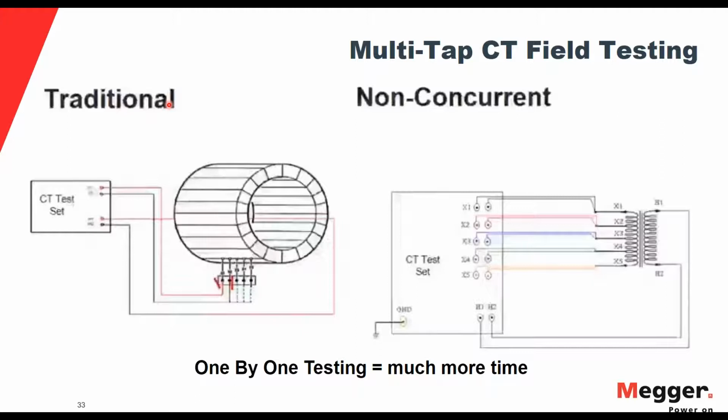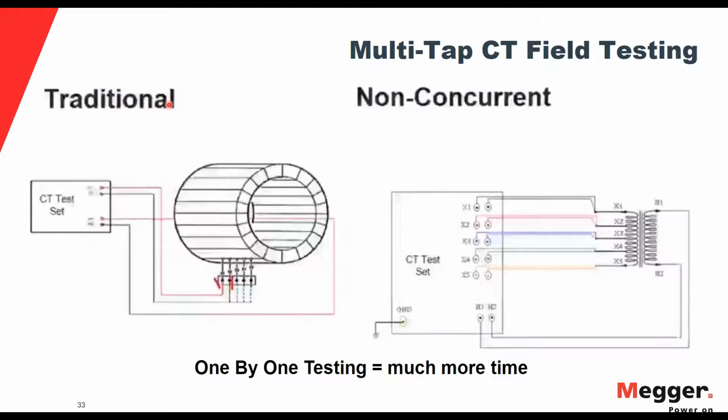To test a CT fully, you have to repeat the test multiple times, 5, 6, 7, 8 times, depending on how many taps you have. That's a tedious and long process. Testing one by one takes much more time. This is what we call the non-concurrent method.